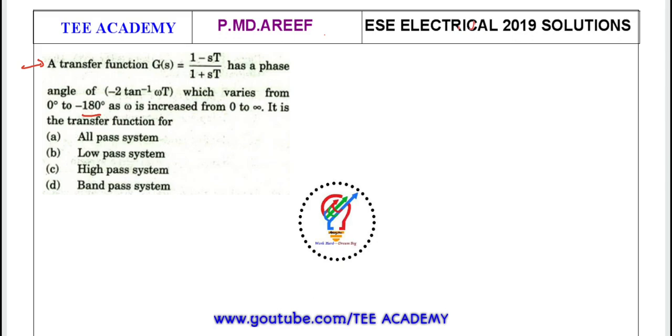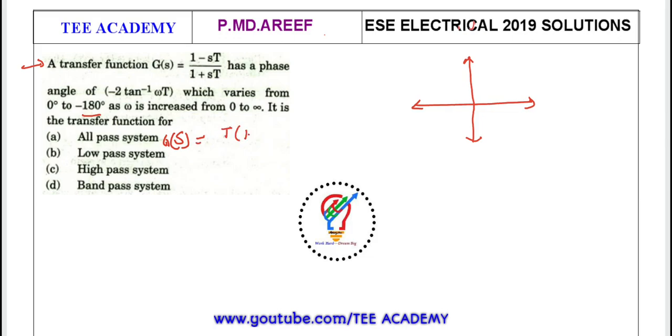Now here they have given a transfer function G(s) = (1 - sT)/(1 + sT). Suppose we draw the pole-zero diagram of this transfer function. First we will write this open loop transfer function in standard form. So G(s) = we will take T common here.